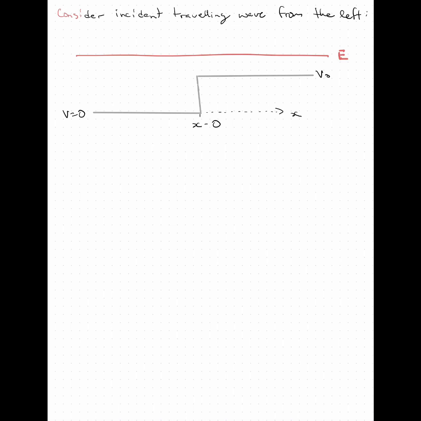Let's draw it here. Traveling wave coming from the left, heading to the right, which we will have as e to the plus ikx. And a traveling wave going from right to left, going in this direction, that will represent e to the minus ikx. Notice that the signs are different here depending on the direction.